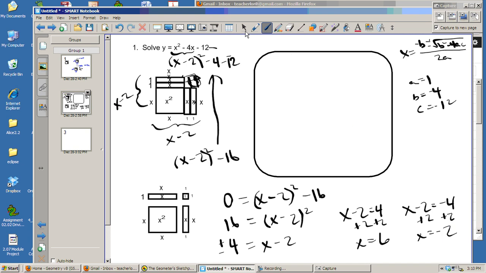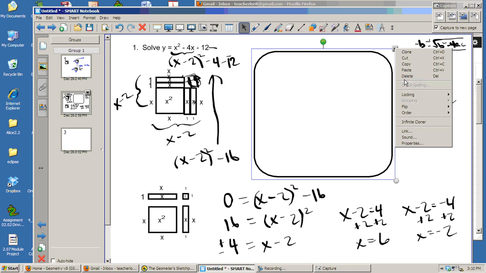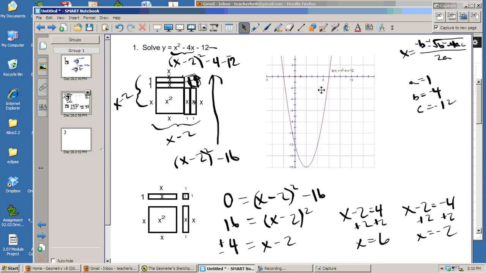Now, alternatively, another way to work that out would have been to go ahead and graph it. I did that last year because I wanted to show you that when I graph it, notice that I have the same two solutions that I just found by putting it into graphing form. First of all, I want you to notice that x minus 2 squared minus 16 means that my vertex is at 2, negative 16.